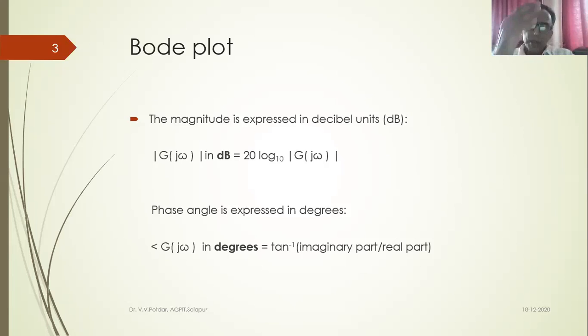Now from the nature of the plots, how the variations are taking place for each of the terms of my transfer function, I find out some stability terms called the gain margin and phase margin. So these gain margin and phase margin should be positive for the system to be stable. If those are not positive, the system tends to become unstable.